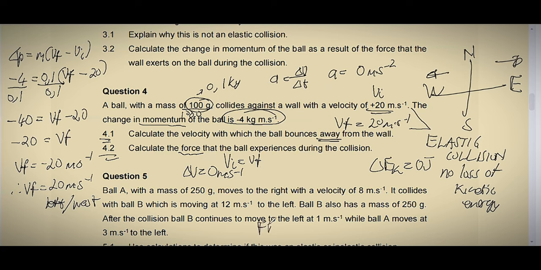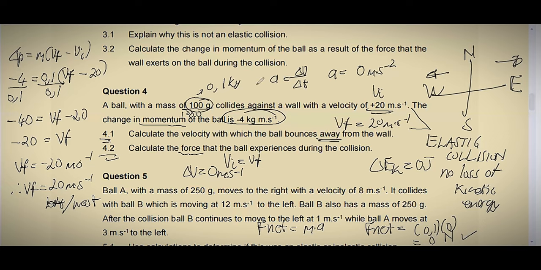So the force, according to Newton's second law, is F net is equal to M times A. So the mass times the acceleration of the object. Now, the acceleration we just said is 0. So that means our F net is equal to the mass, 0.1, multiplied by 0. So our F net is also 0 newtons, right?